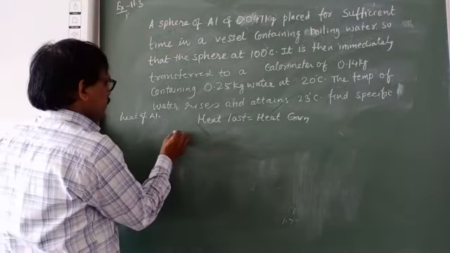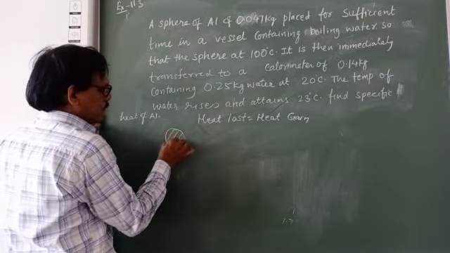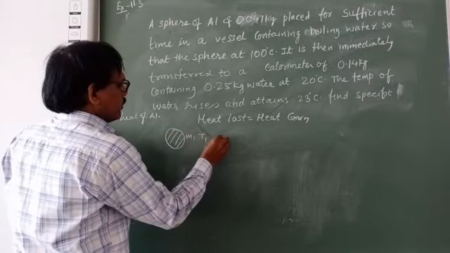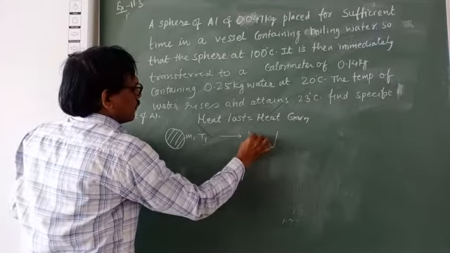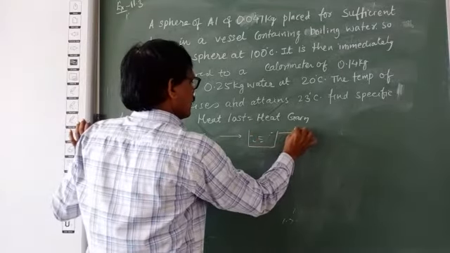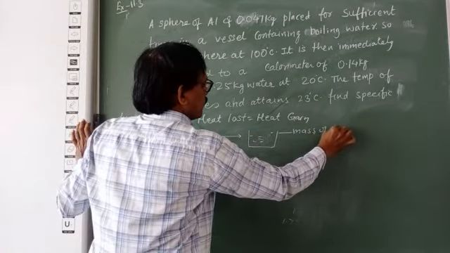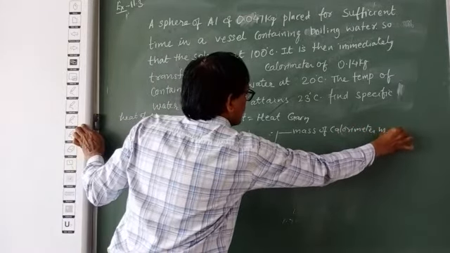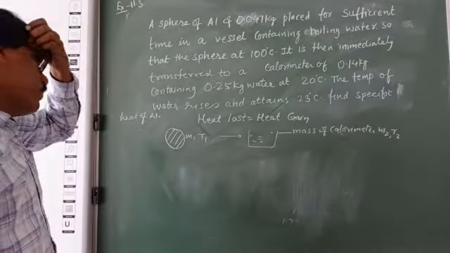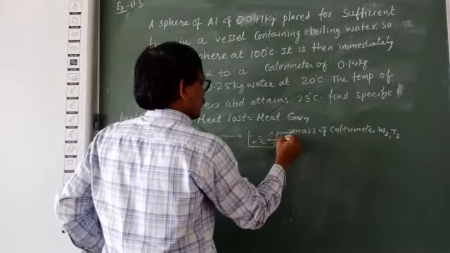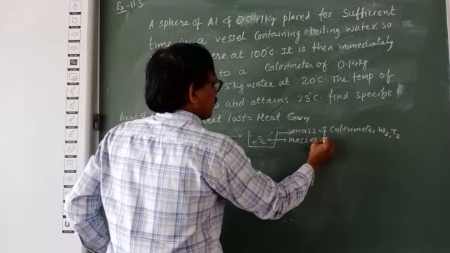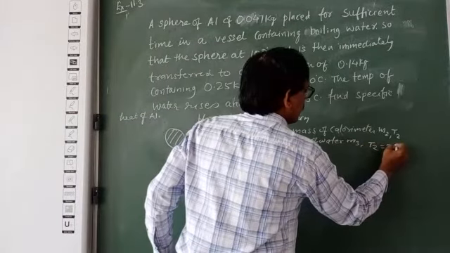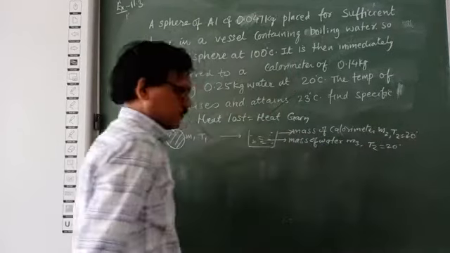Let us say that its mass is m1 and its temperature is T1, and it is transferred to a container of water. The mass of the calorimeter you can write as m2, and its temperature is T2, and the water inside it has mass m3 and its temperature is also T2, which is given in this question. It is 20 degrees Celsius.